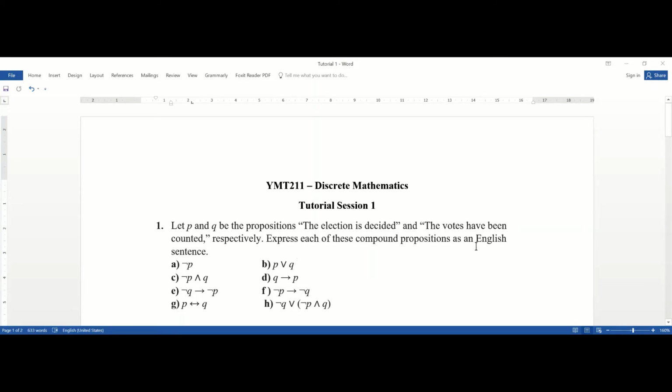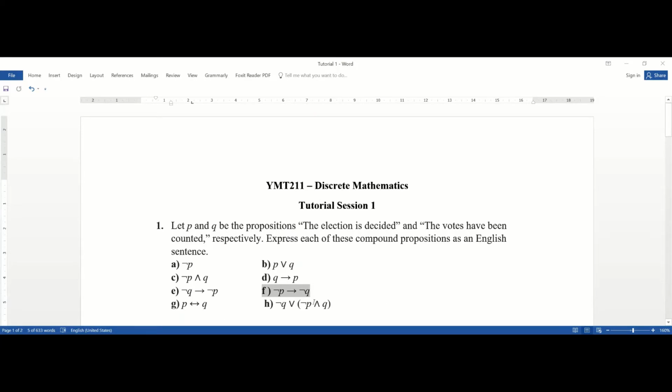Not Q, the votes have not been counted. Not P, the election is not decided. So if the votes have not been counted, then the election is not decided. Taking the other way around, this is F: if the election is not decided, then the votes have not been counted.